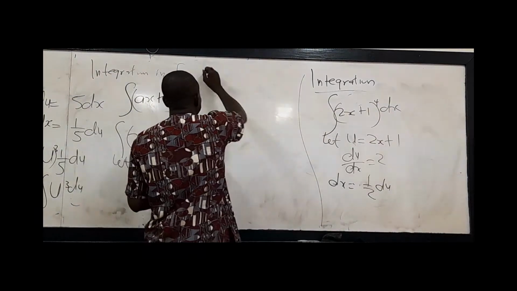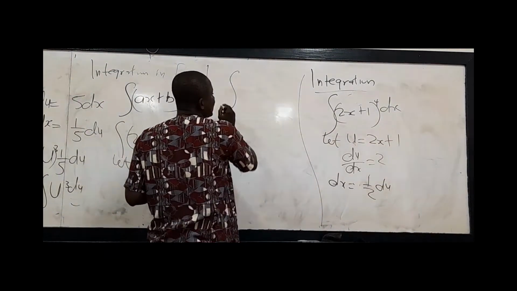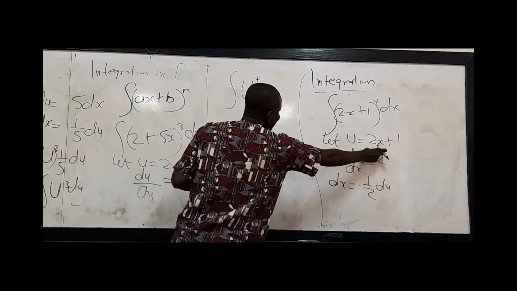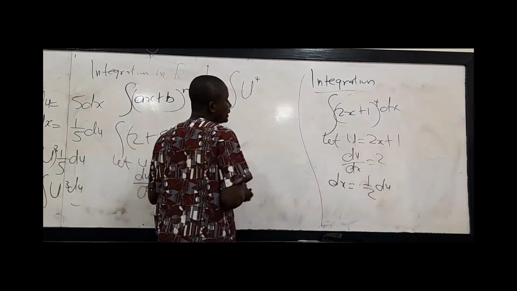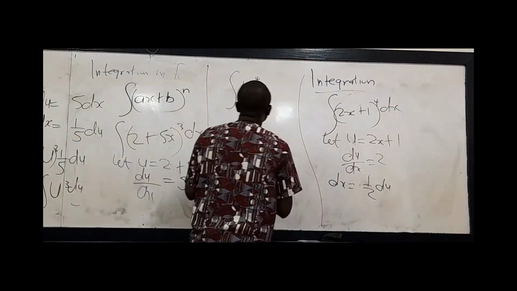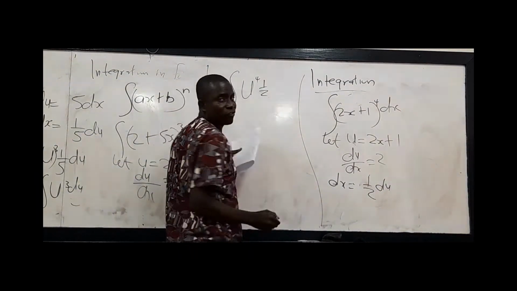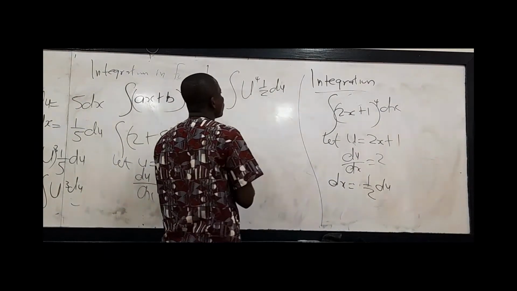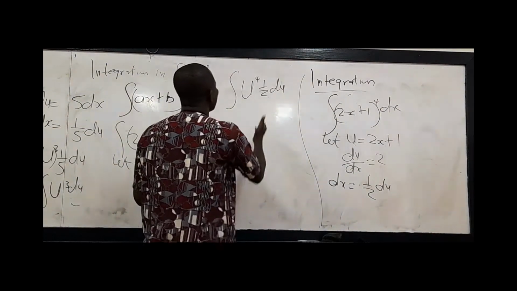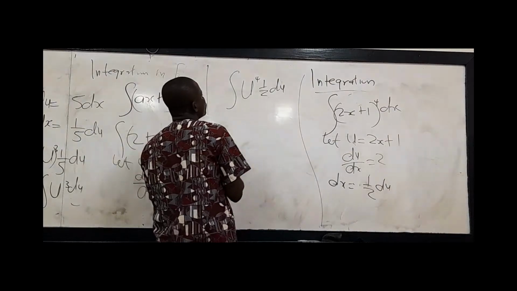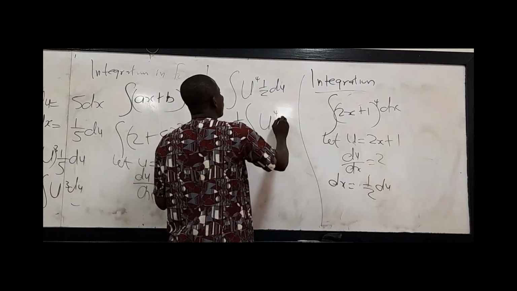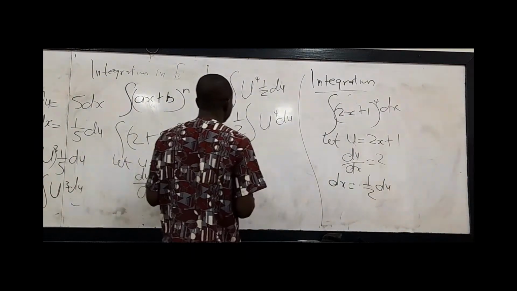So the original expression is now the integral of u to the power 4, times half du. This half is a constant, so when you are doing integration, it has to come out. Half integral u to the power 4 du.